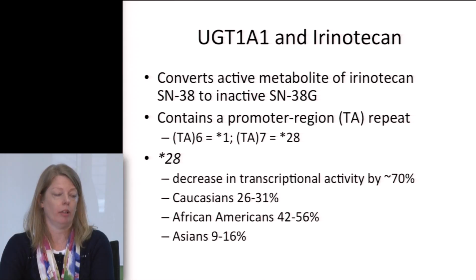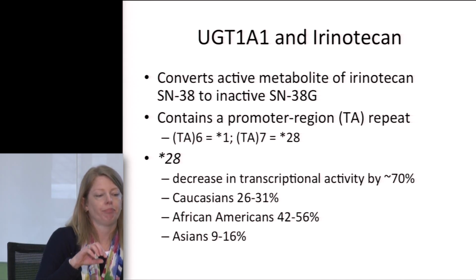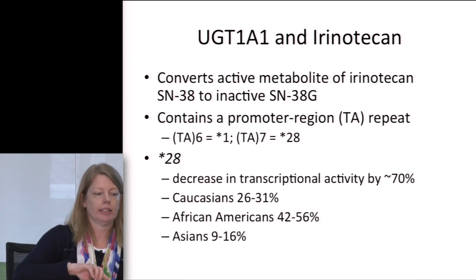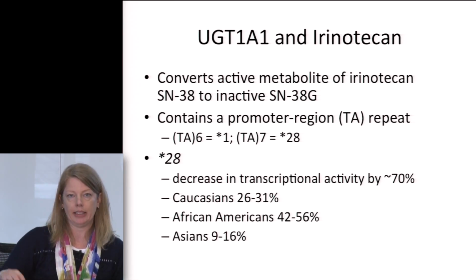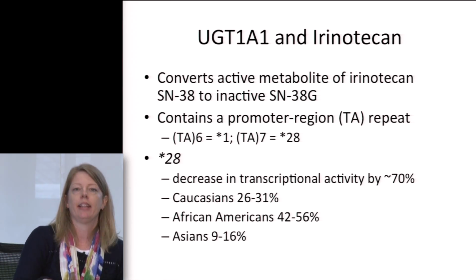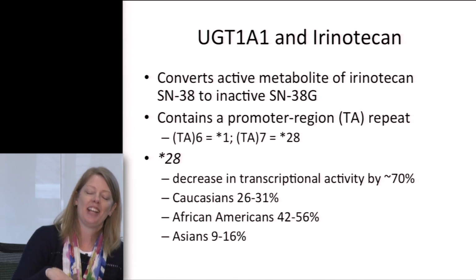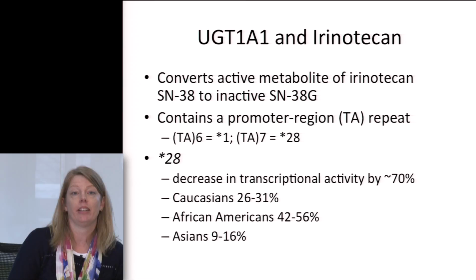Okay, the last one of these that I'm going to talk about is UGT1A1 and irinotecan. In this case, I'm sorry, UGT1A1 doesn't convert irinotecan into SN38. The irinotecan needs to be converted to SN38, which is the active metabolite of the drug.